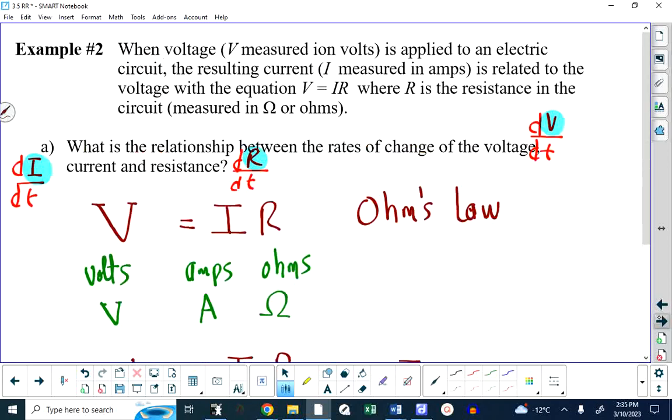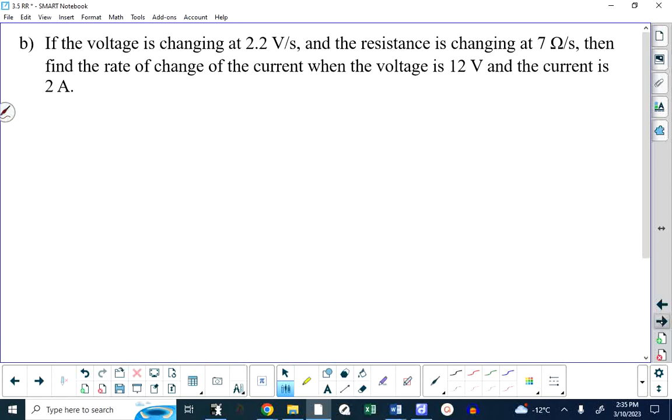that was A. B says if the voltage is changing at a particular rate and the resistance is changing at a particular rate, what's the rate of change of the current when the voltage has a value and the current has a value? Again, everybody, I want you to listen carefully. You have to graduate at some point to this point. If V equals IR, what's the answer to this question?